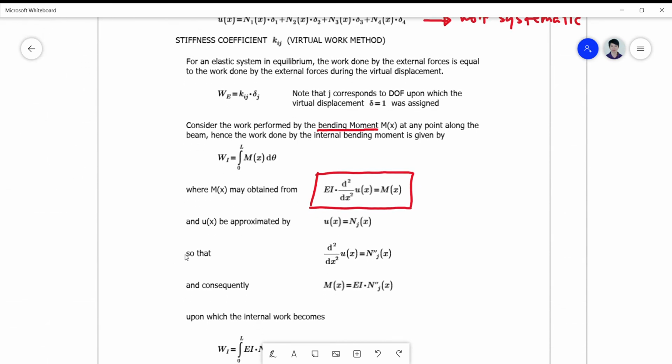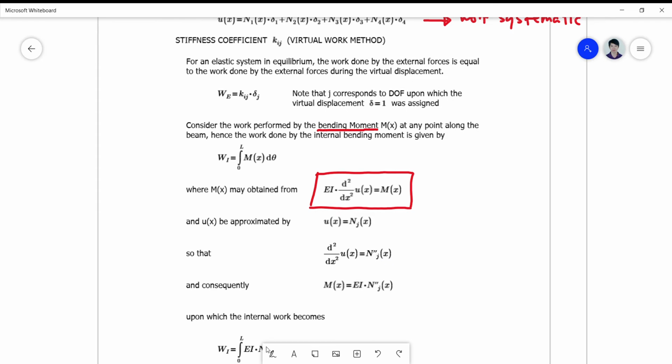And ux is actually an approximation of your Njx. So we can substitute in place of ux here your Njx, such that the second derivative of ux is simply equal to the second derivative of Njx.